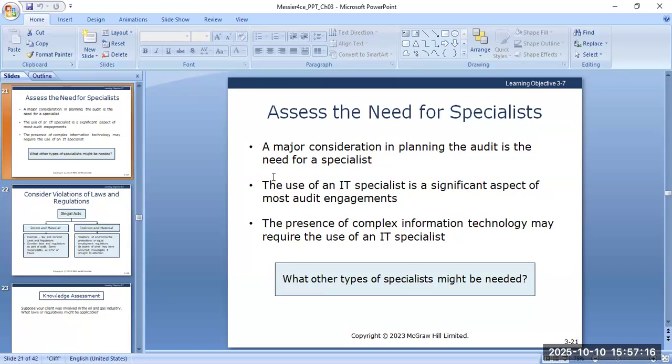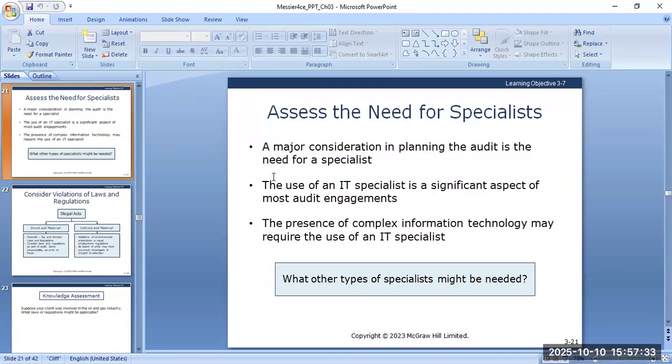Then we have to assess the need for a specialist. This is a major consideration in the planning of the audit. We may have an IT specialist, or we might have to get one.